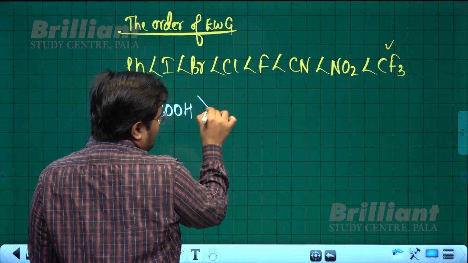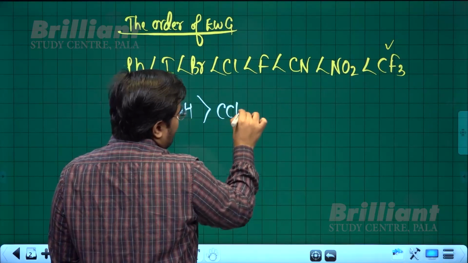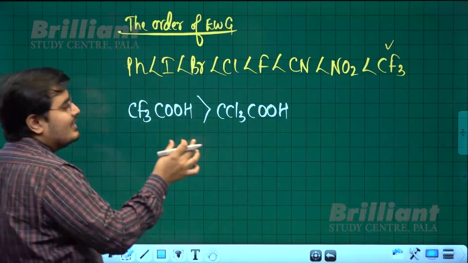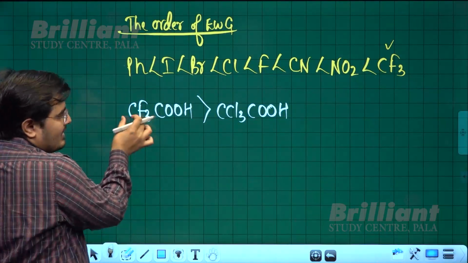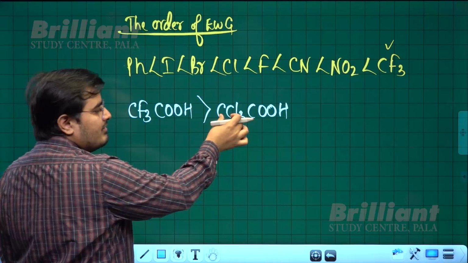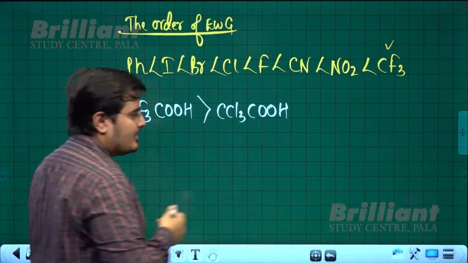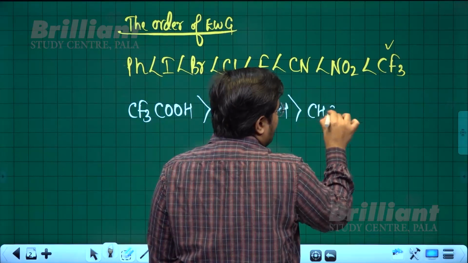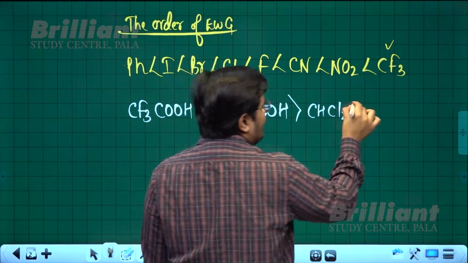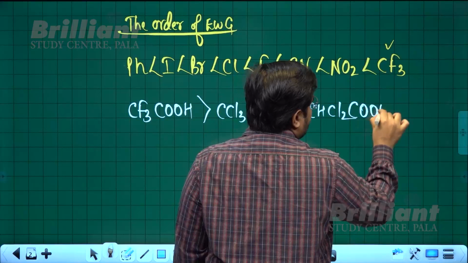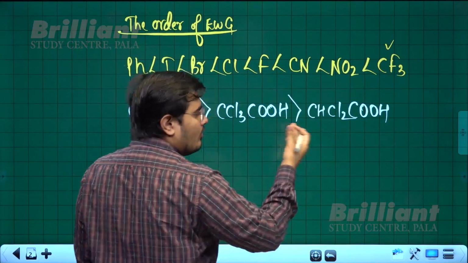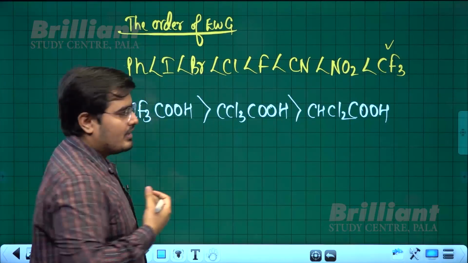If I replace fluorine with the less electronegative chlorine atom, then its electron withdrawing power decreases a bit, as the minus I effect of CF3 will be more than that of CCl3. If I decrease the number of electron withdrawing groups, let's say I make it CHCl2, then due to the smaller number of chlorine atoms, they will have overall less electron withdrawing effect.